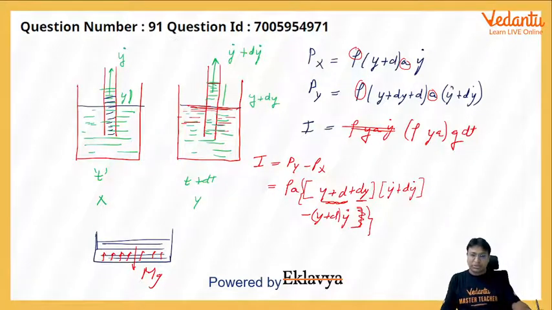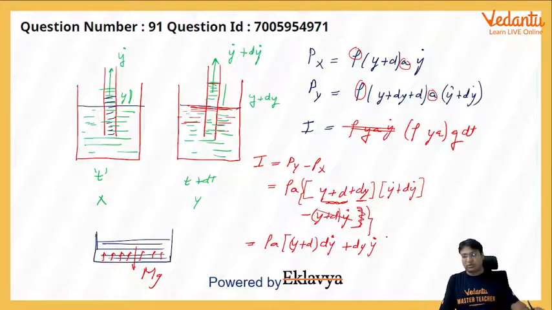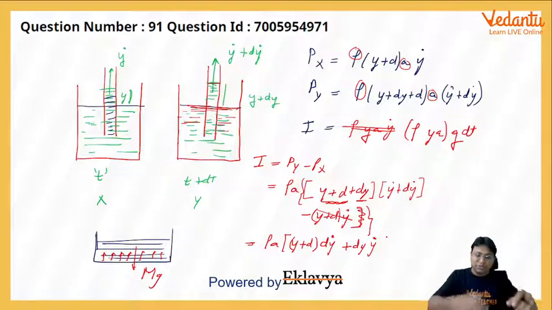Out of these four quantities, one is going to get cancelled with this, which was y plus d into y dot. So what we are going to be left with is y plus d into d of y dot. The third term will be dy into y dot. And the fourth term will be dy into dy dot, which we can ignore. It's going to be a very small quantity, so we are going to ignore this.